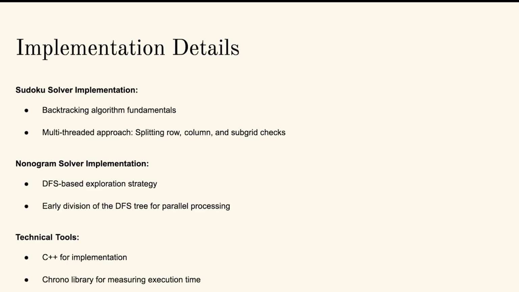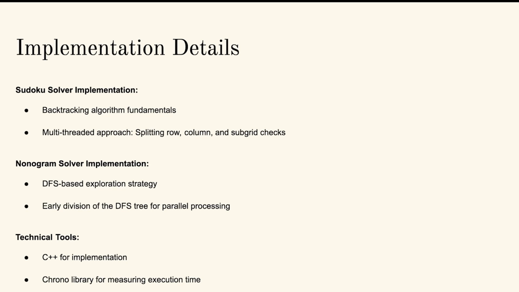Okay, next I'm going to explain some of the implementation details. For our Sudoku solver, we spent most of our time working on the isValid function. Instead of performing row, column, and subgrid checks one at a time sequentially, we created separate threads for each check. Once each thread completes its task, we join the results together to determine if the placement is valid.